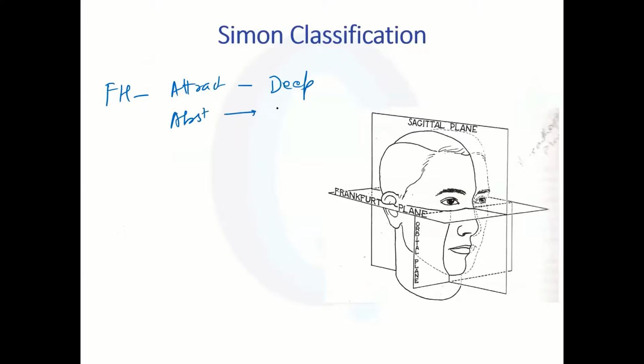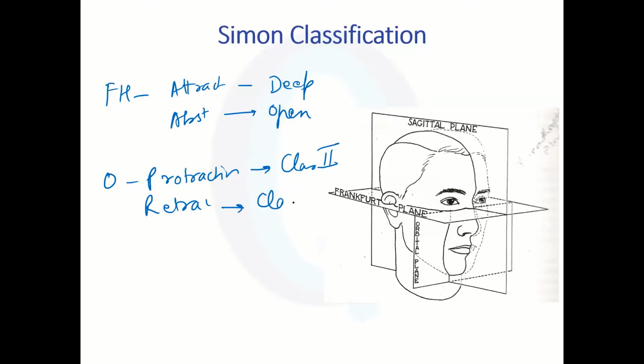Abstraction is open bite. Okay. Now considering the orbital plane, it is PR, personal relationships, which is protraction and retraction. Protraction will lead to class 2 because it is going to go ahead. Retraction is going to lead to class 3. Then there is sagittal plane. Sagittal plane, what was that? CD. CD is contraction and distraction.